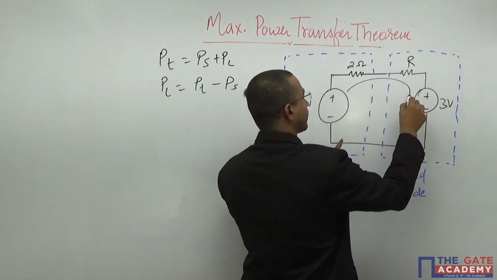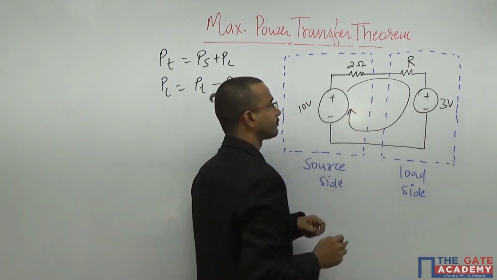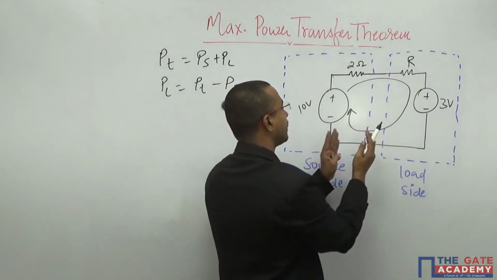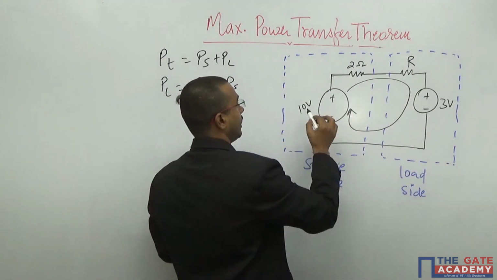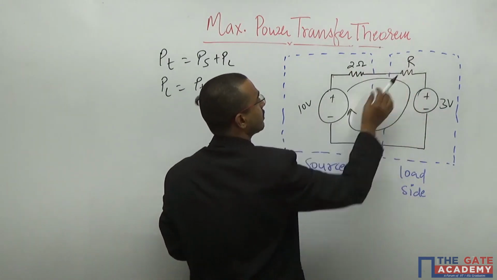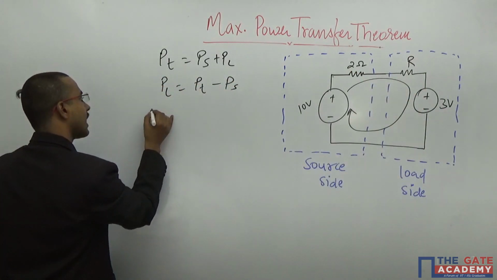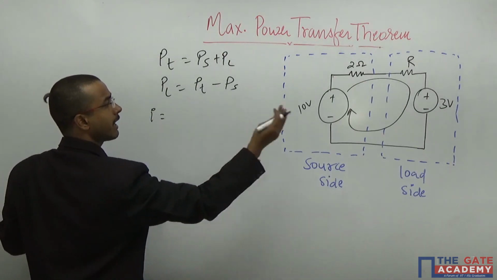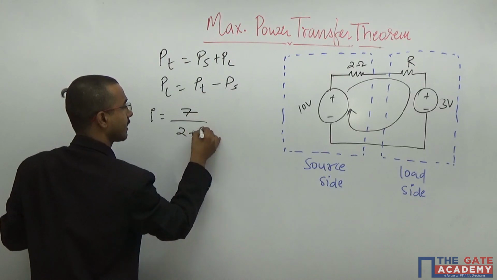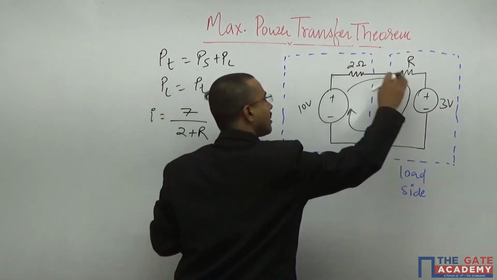Just I will calculate the current of this particular loop, because it is basically a circuit which I have divided into 2 parts. What is the current of this branch? 10 minus 3 divided by the total resistance. That means I is 10 minus 3, 7, divided by 2 plus R. This is my current of this entire loop.